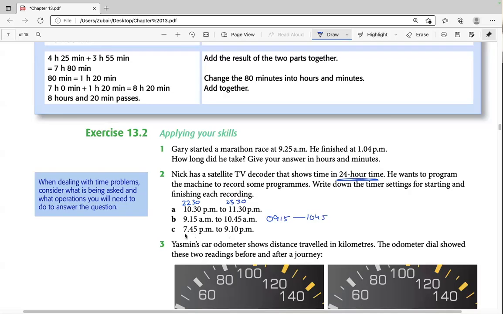And then PM. So that's going to be 19:45. It cannot be more than 24. Yeah. And 21:10. 20:10.